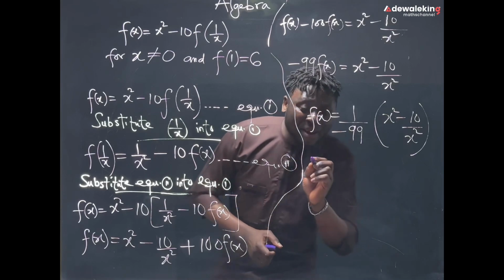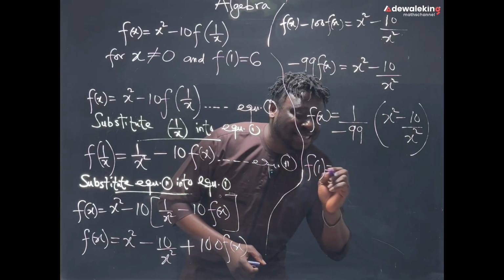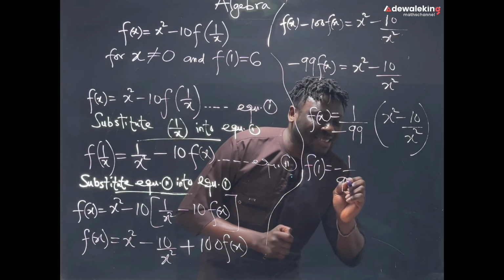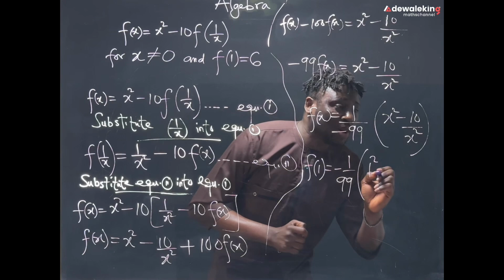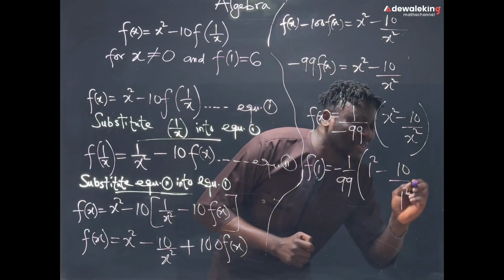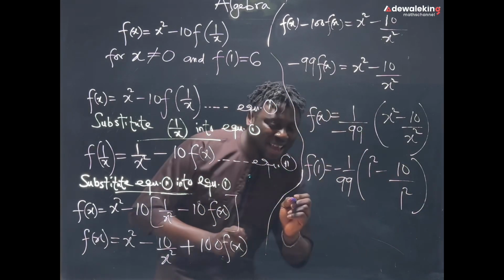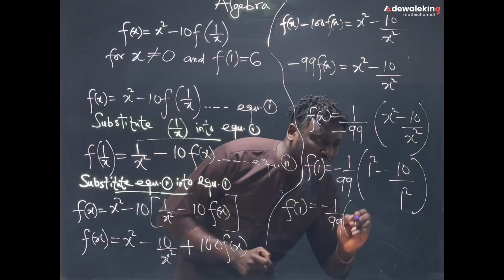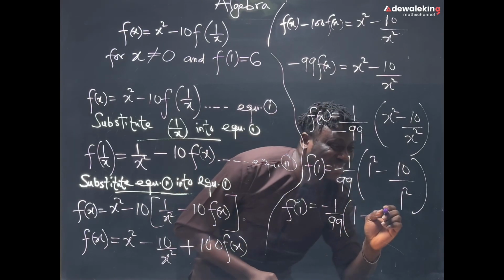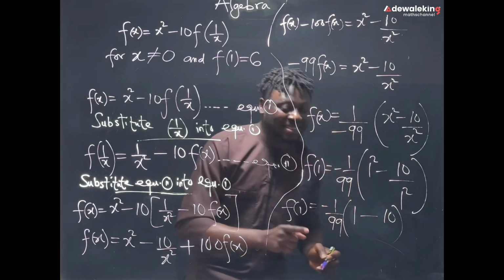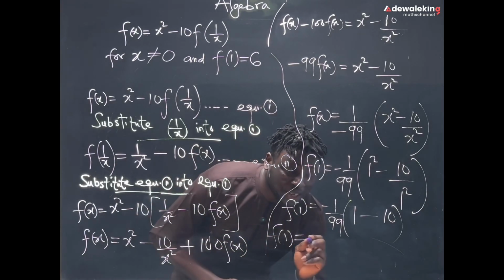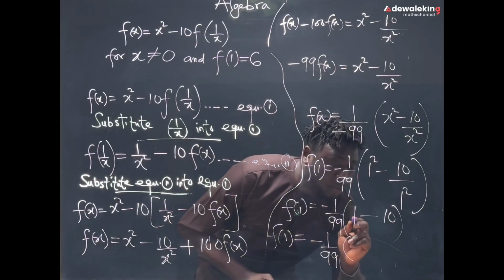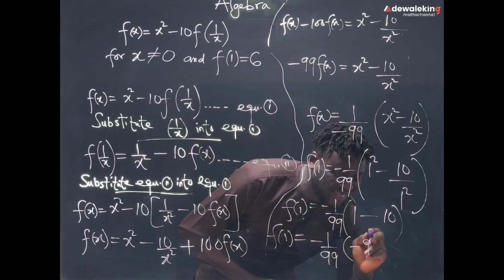We plug 1 into this function: f of 1 equals minus 1 over 99 brackets 1 squared minus 10 over 1 squared. So f of 1 equals minus 1 over 99 brackets 1 minus 10, and 1 minus 10 gives minus 9.